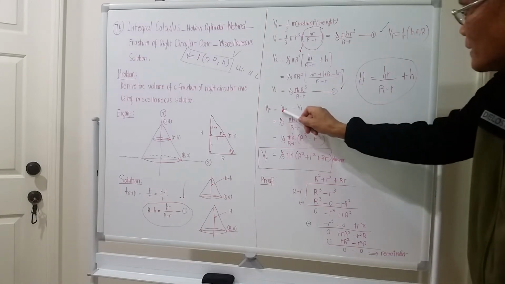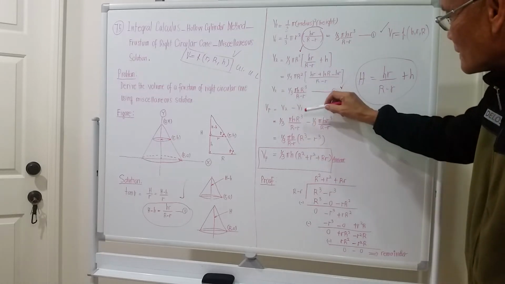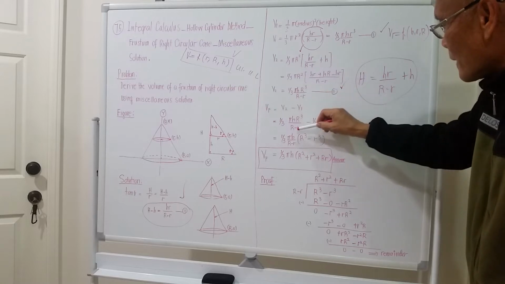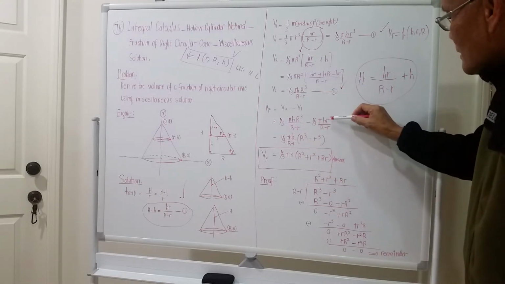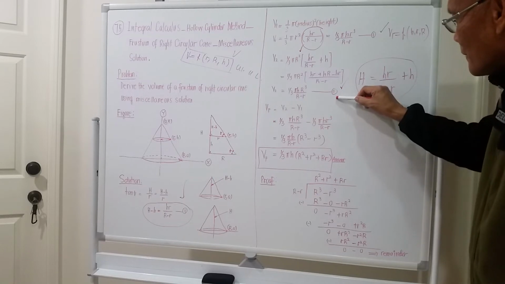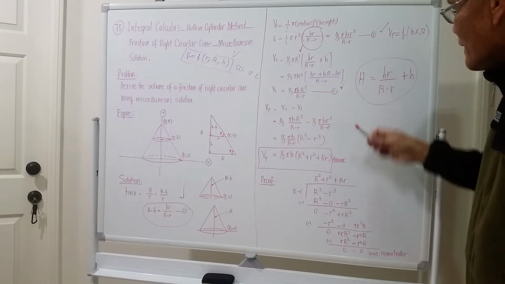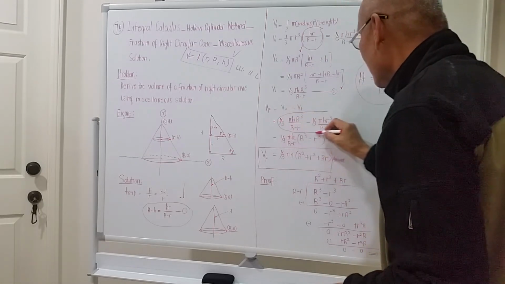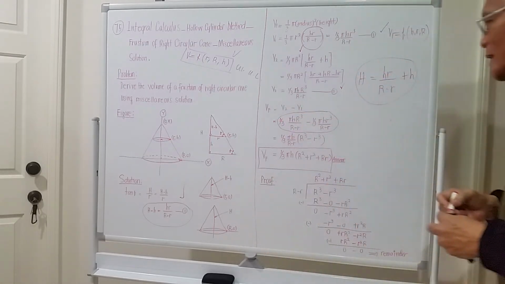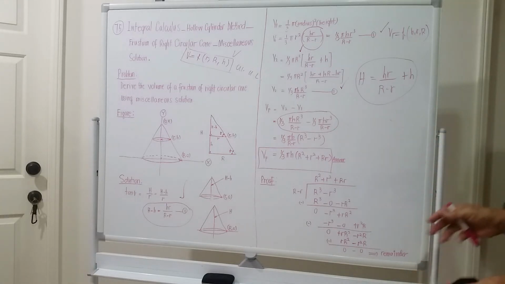V2 is actually 1/3 pi h capital letter R to the third power over R minus r, minus 1/3 pi h small letter r to the third power over R minus r. Then we simplify this one. It is just pure algebra, guys. I didn't show you the complete simplification of this.